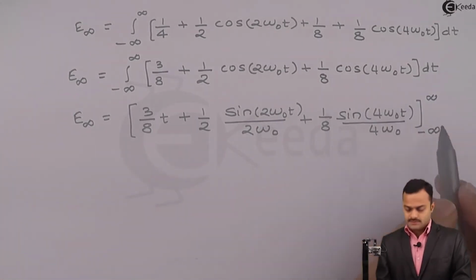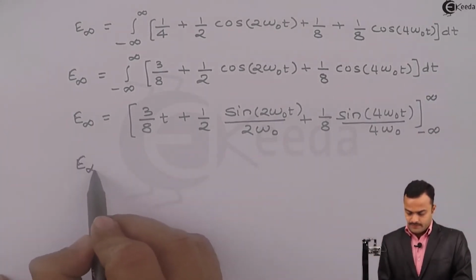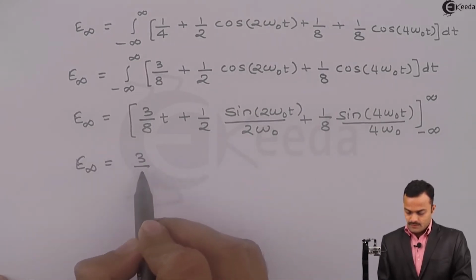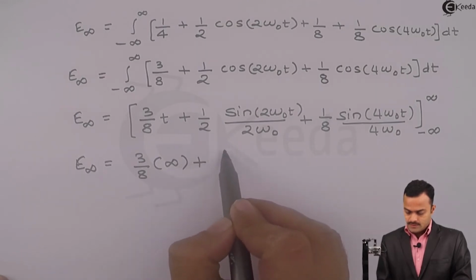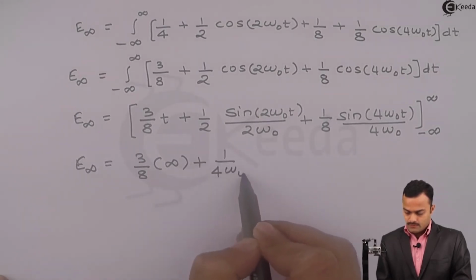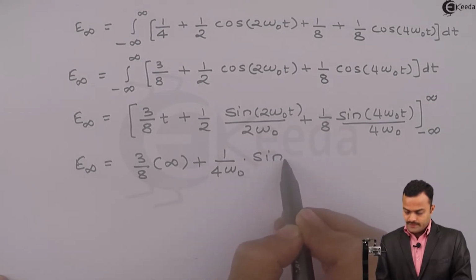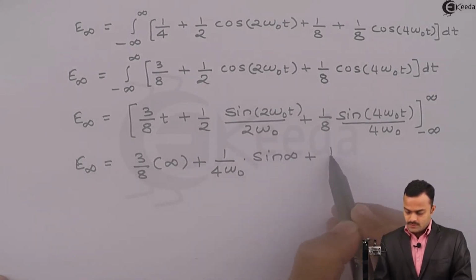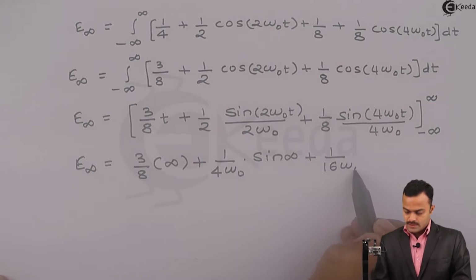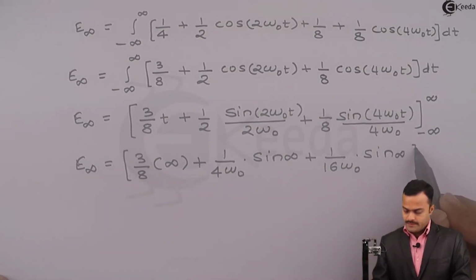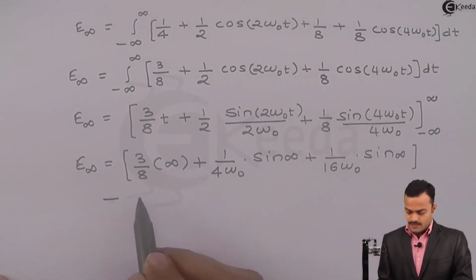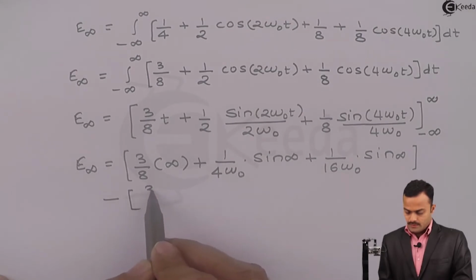If I apply the limits, I will get E infinity as 3 by 8 into infinity plus 1 by 4 omega 0 into sine infinity plus 1 by 16 omega 0 sine infinity as the upper limit, minus lower limit, 3 by 8 minus infinity.